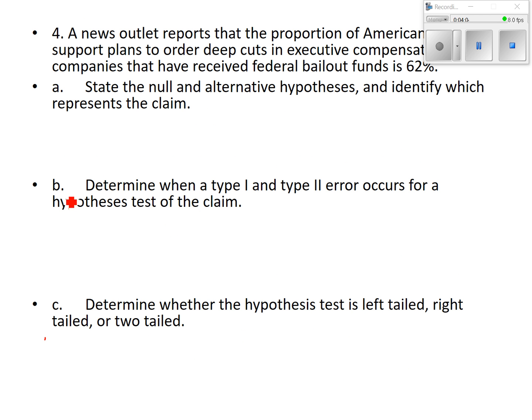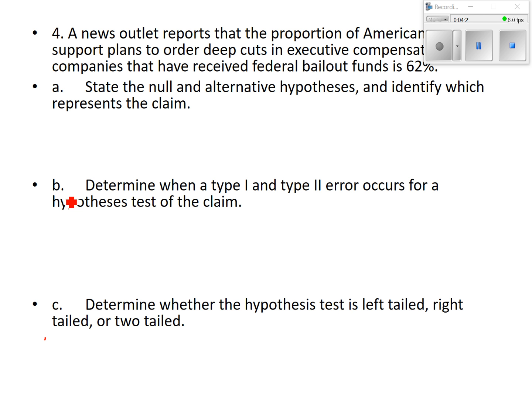Next one, problem 4. A news outlet reports that the proportion of Americans, as soon as I see the word proportion there, I know we're dealing with P, so we're going to use P instead of mu or sigma.